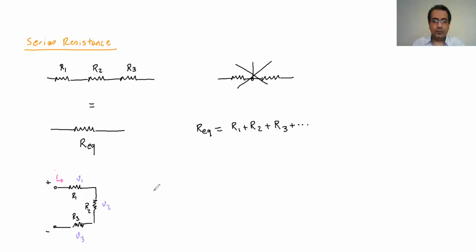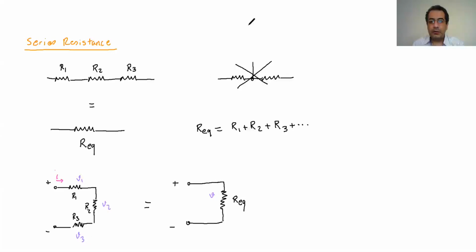When I replace them with the equivalent resistor, like this, and you have that positive, negative, then the voltage in this one is not V1, is not V2, is not V3, it's another V. So this is the equivalent resistance, and it has the voltage in it, which is not equal to V1, not equal to V2, not equal to V3.